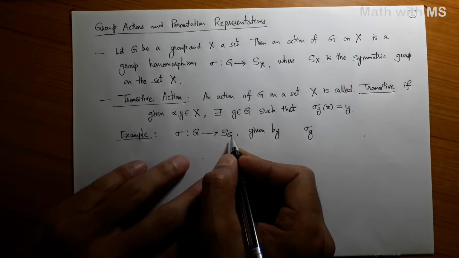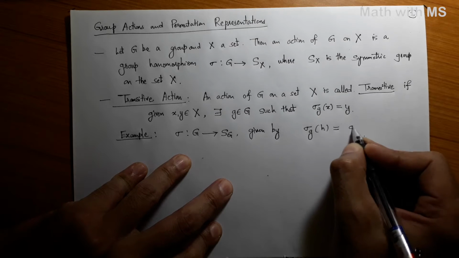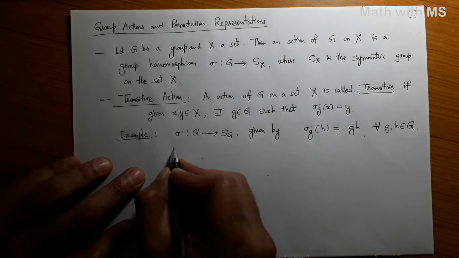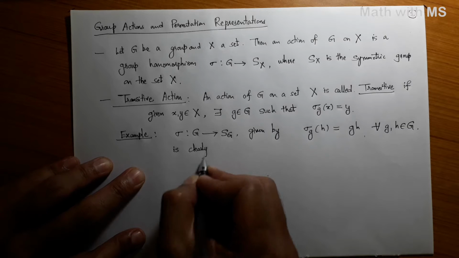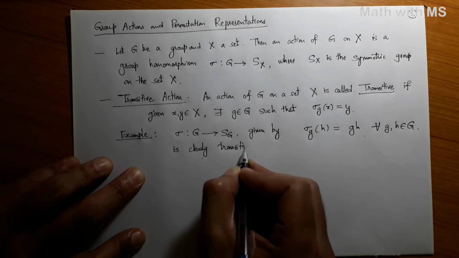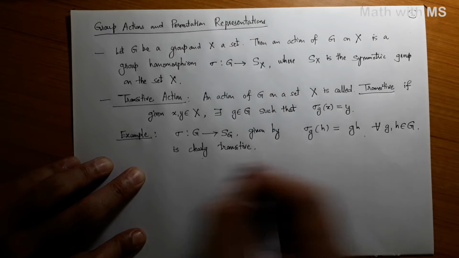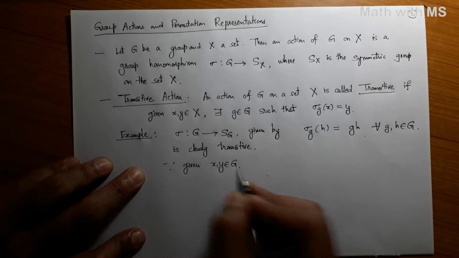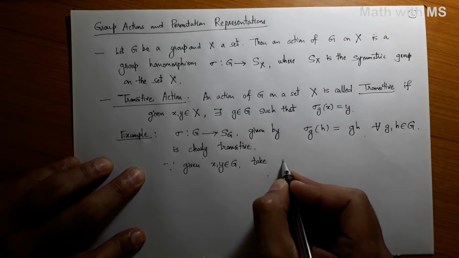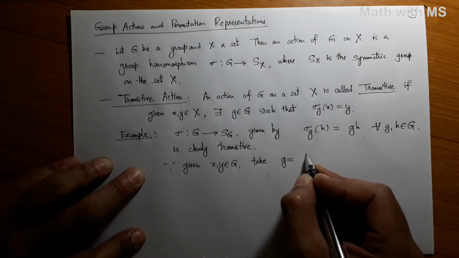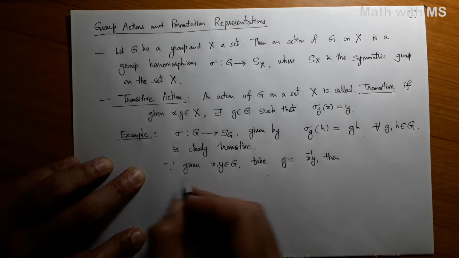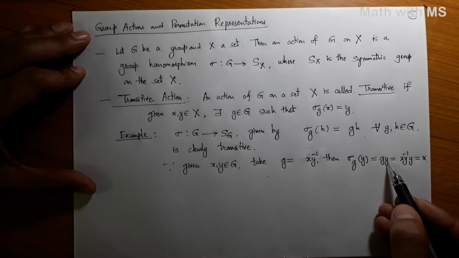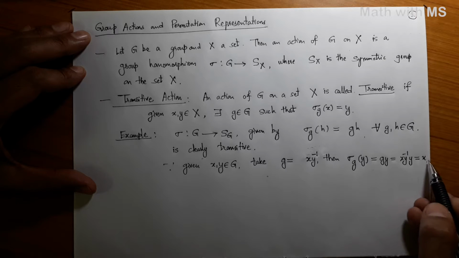Now it has to be a permutation of the set G. It acts on any h as simply gh for all g and h in the group G. This is clearly transitive, because given x and y in the group G, take g to be yx inverse, then sigma_g of x, which is gx by definition, is the same as y.